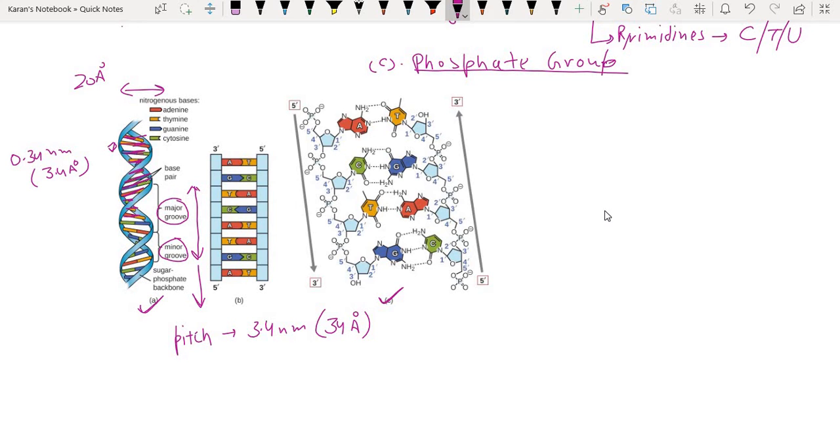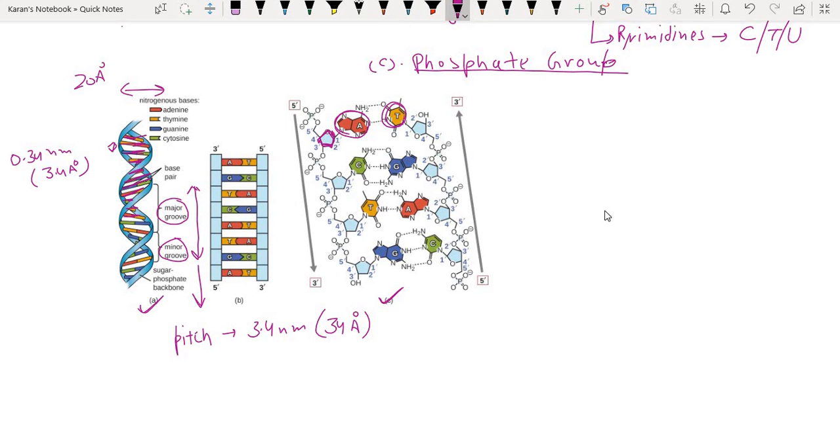Here you can see the ribose sugar. This one is the ribose sugar, and it is again a 5-carbon sugar. You can see the carbons have been designated as 1', 2', 3', 4' and 5'. And you can see adenine nitrogenous base here and thymine here.